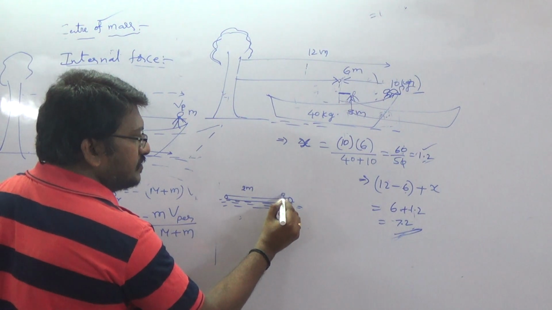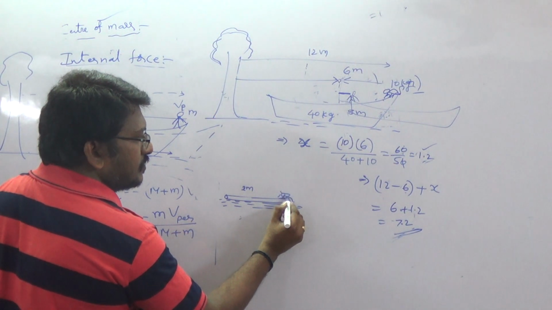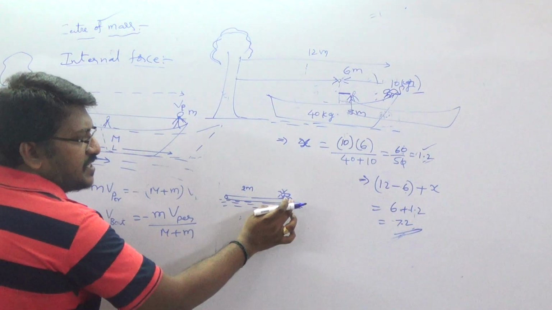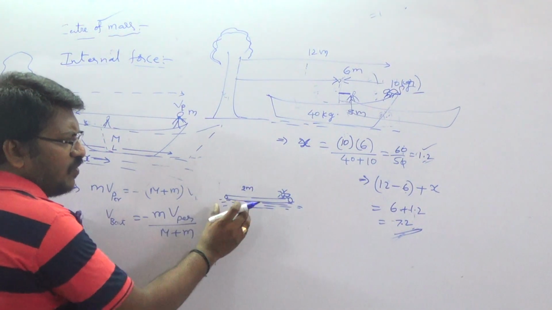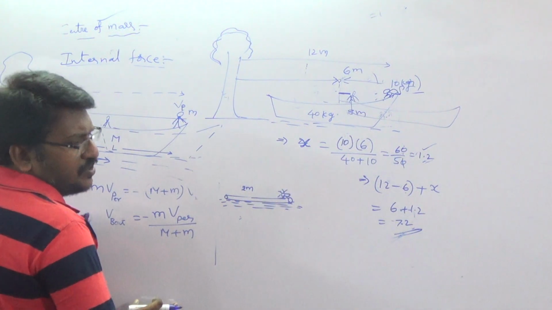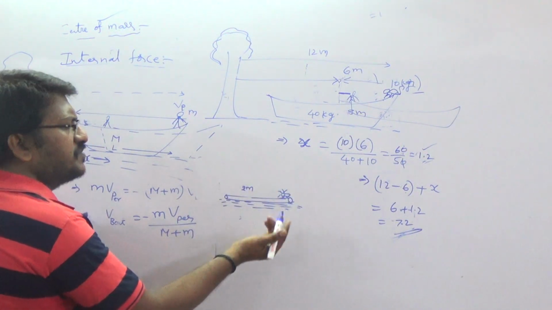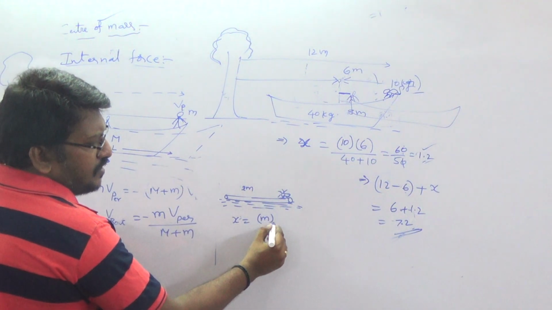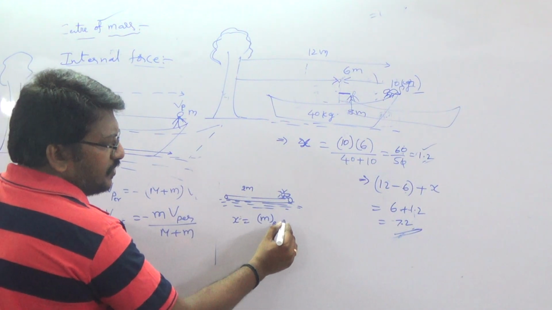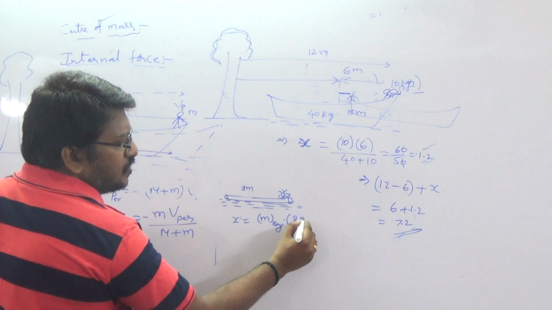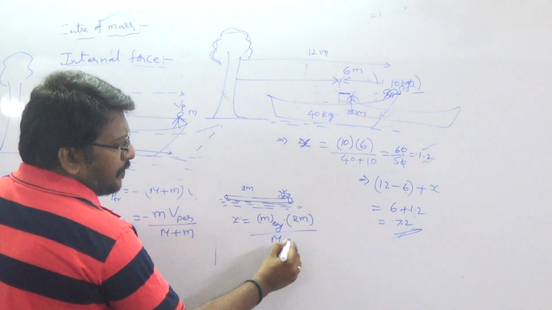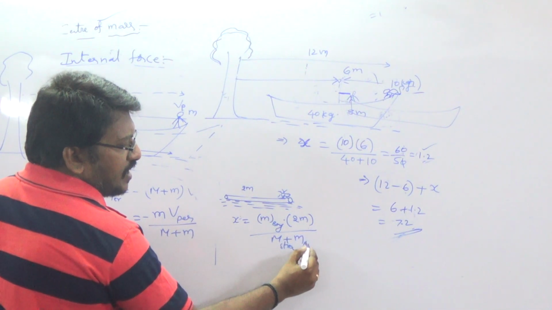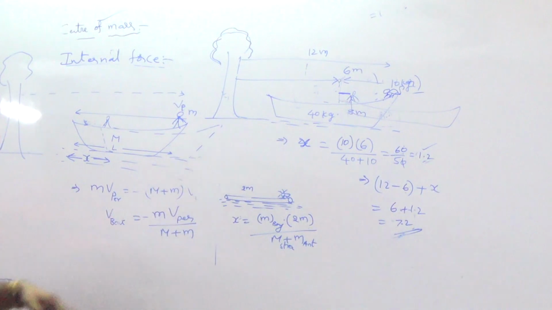An ant is walking on the straw from this end to this end. What is the shift in the straw? What is the shift in the system? Same formula: x equals mass of the ant into walking distance 2 meters, divided by capital M plus small m, the mass of the straw plus the mass of the ant, the total mass, in the same way.